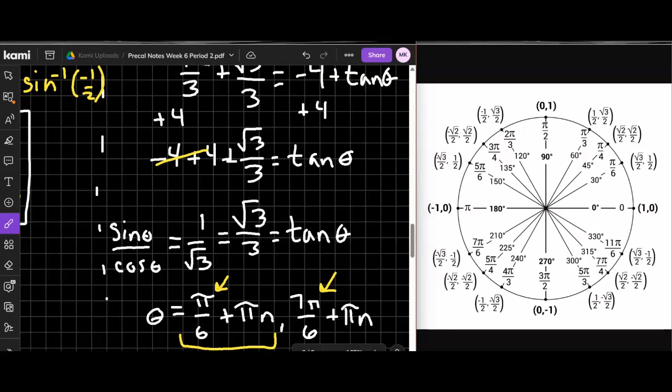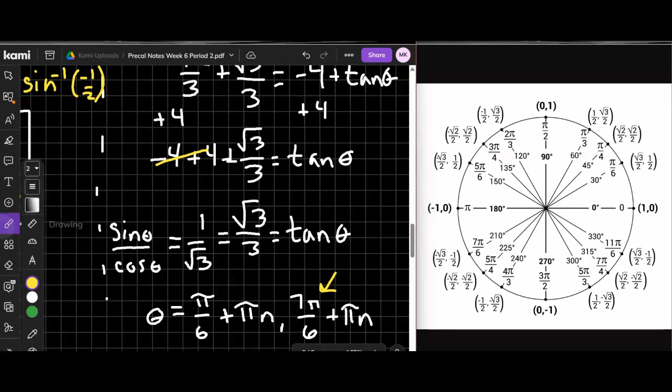Which means we actually don't need to represent our two separate angles as two separate answers. What we have written down here is the same answer written two different ways.